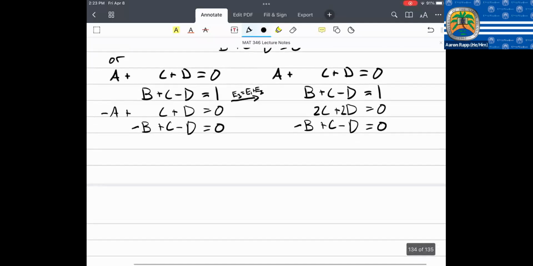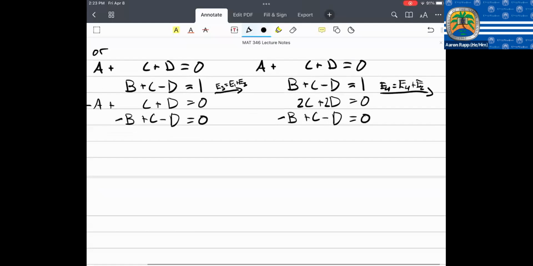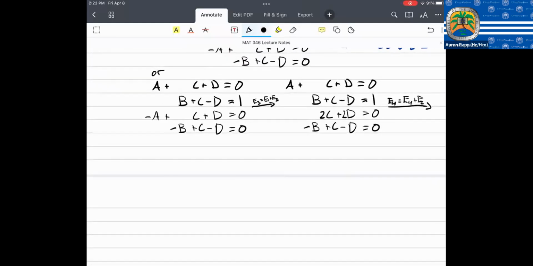Second and last one. If I take the second equation and add it to the last equation, what am I going to get? That last equation now becomes what? Minus 2C plus D is equal to 0.